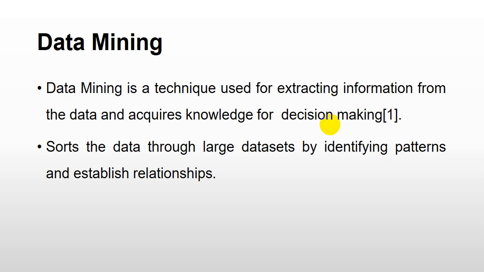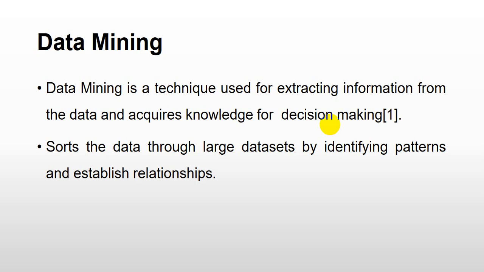Before starting the discussion on data mining, I will first give you an idea of what data is. Data is just raw information without any knowledge. How can we make the raw information knowledgeable? For example, the title of this video is a study on latest tools for data mining and machine learning. This is just information.